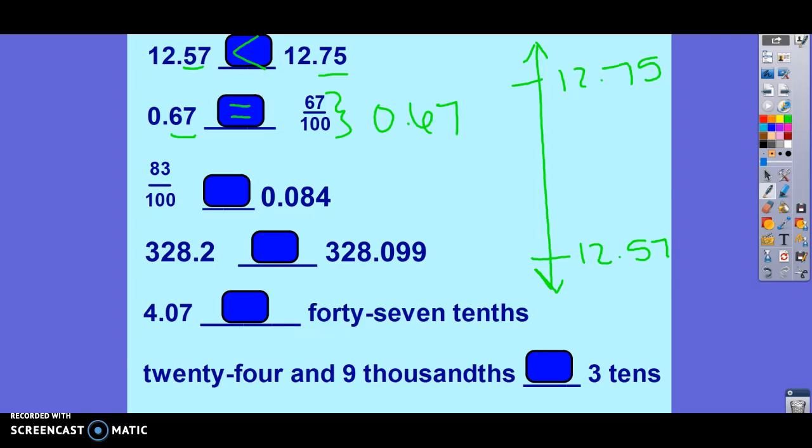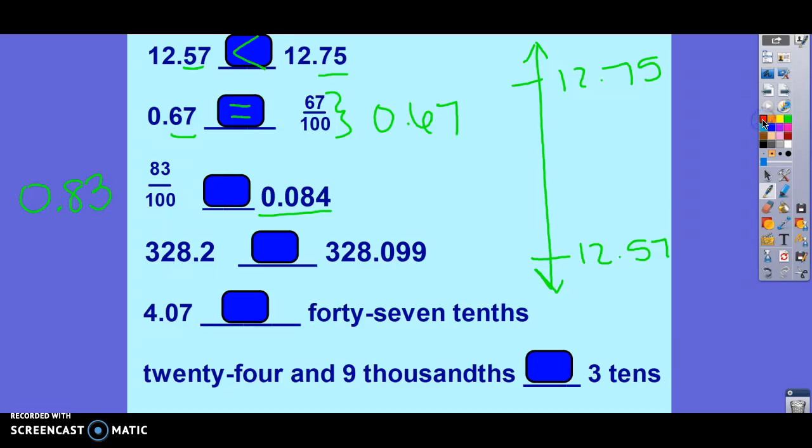I want you to look at the next problem. The fraction is read as 83 hundredths, so we wrote that in decimal form and standard form. We would look at 83 hundredths compared to the decimal here, 84 thousandths. Which one's larger, 83 hundredths or 84 thousandths?